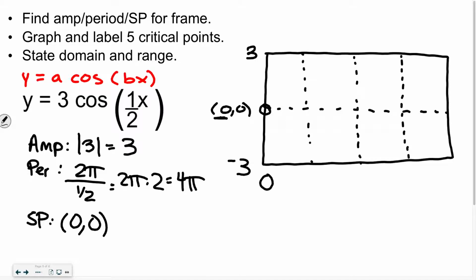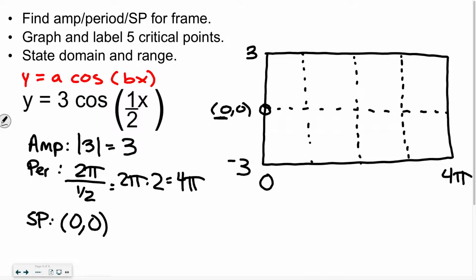Now I'm going to model both methods of labeling that horizontal axis. So here's method 1. Add the period. The period is 4 pi. 0 plus 4 pi is 4 pi. So that's the end. That would mean that horizontally I have one period of 4 pi. And now just cut it in half.